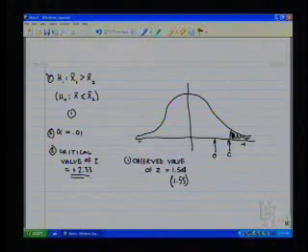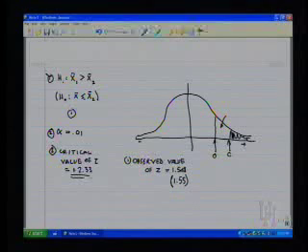How would you answer my question? Where would you look? Why don't we try Table A? Because Table A will tell us what proportion of all scores are beyond an observed value of 1.55.